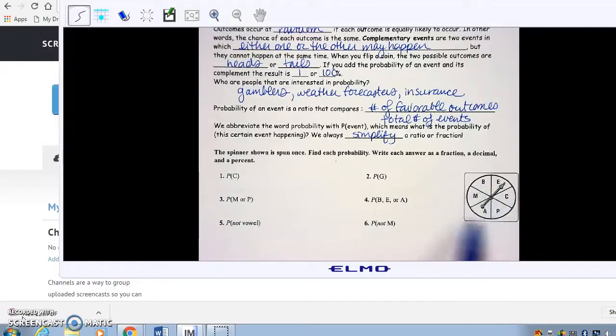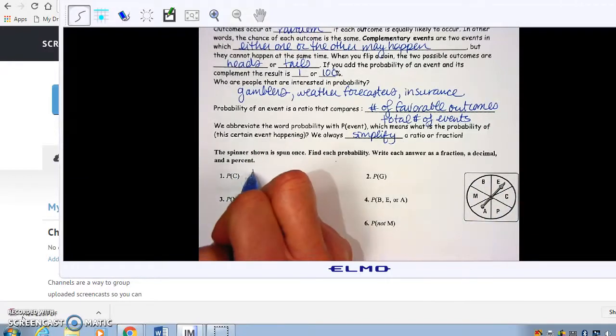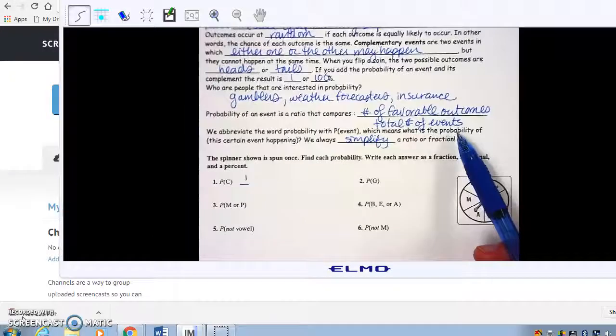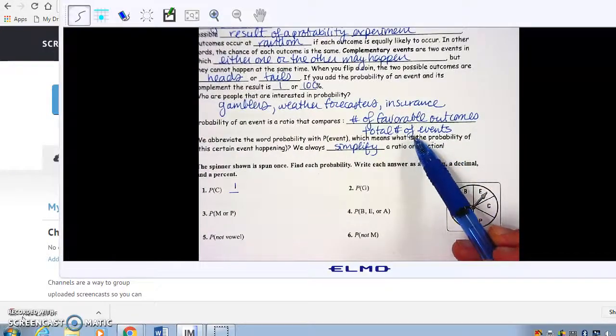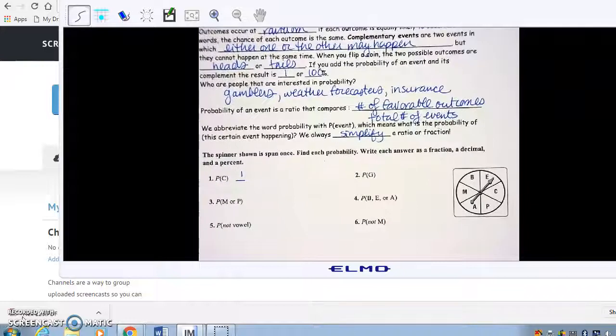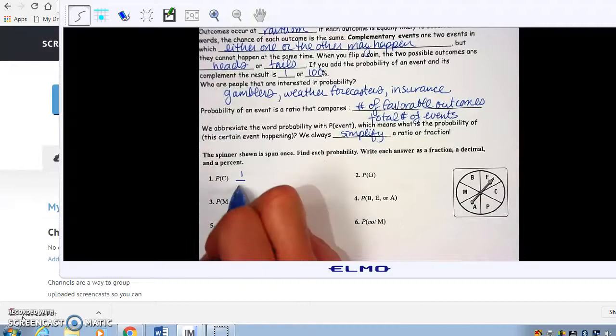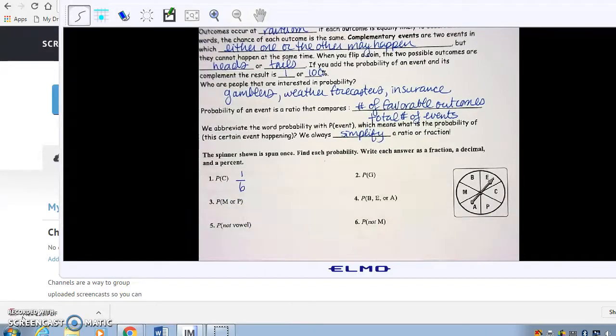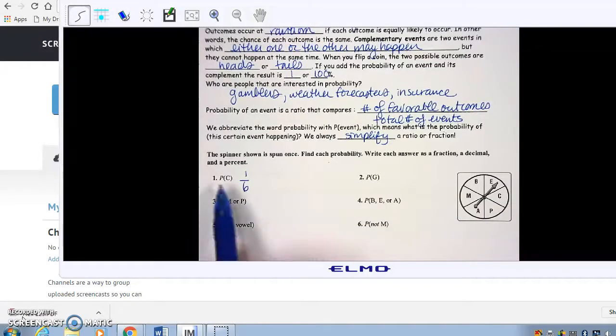How many C's are there on the spinner? 1 C. We're going to be writing a fraction based on this definition here, the number of favorable outcomes out of the total number of events. So how many possible things could happen when we look at the spinner? It's broken into 6 sections, so this is 1 out of 6. We always assume that what we're trying to get happens. So 1/6 of the time, we should spin a C.